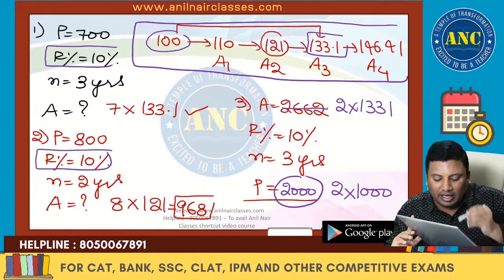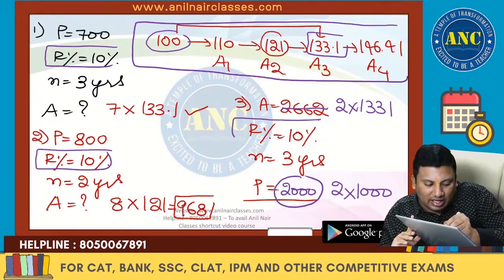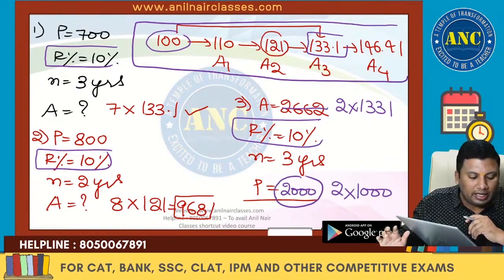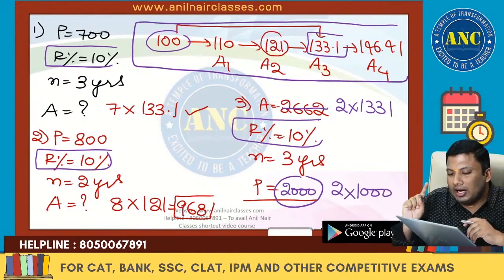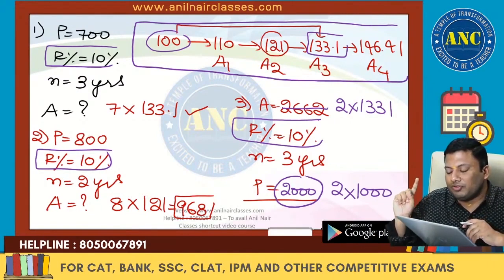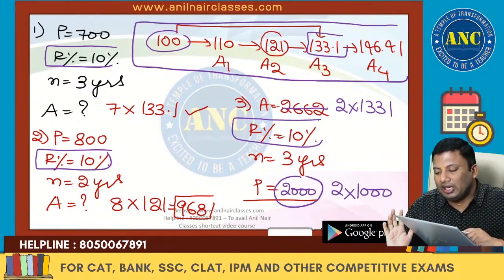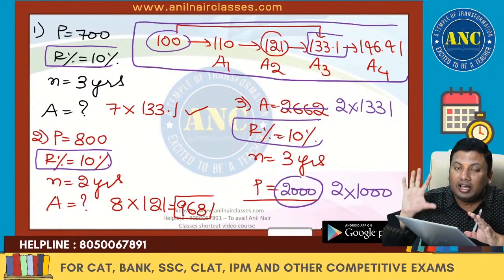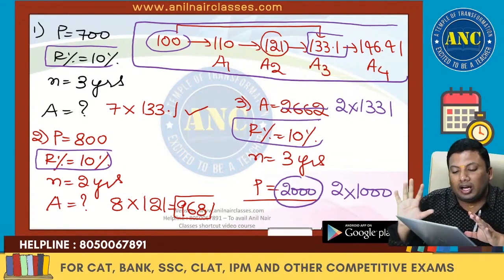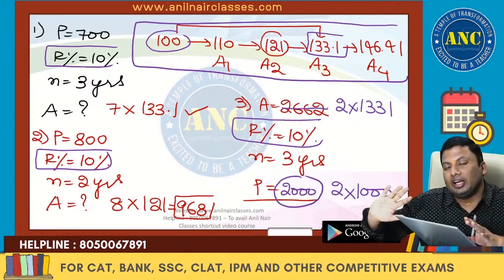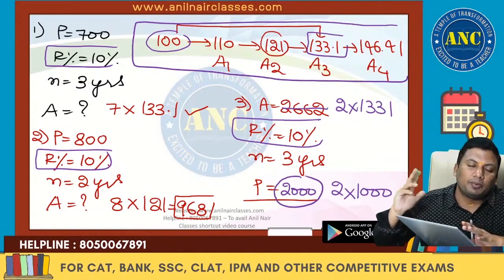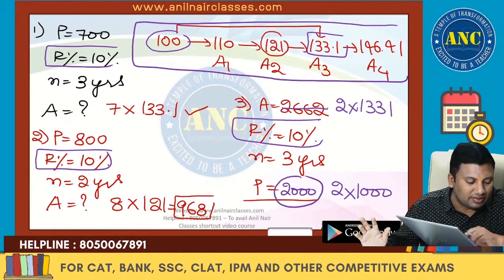This is nothing but an extension of a Pascal's triangle. I will not use that particular word. I hope it is clear. Anything of this pattern, immediately it should strike you. R is 10 percentage, and if amount is triple, principal is tripled. Principal is 5 times, amount also is 5 times.